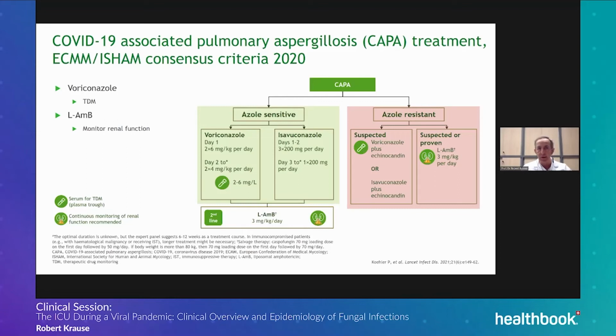And as you can see here on the left side of the slide, for voriconazole it's mandatory to perform therapeutic drug monitoring. And as a second-line treatment, we can use liposomal amphotericin B, and it's necessary to monitor renal function during liposomal amphotericin B treatment. In case of azole resistance, we should use, in proven or suspected cases, liposomal amphotericin B or an azole in combination with an echinocandin.